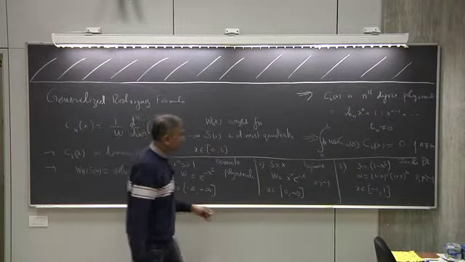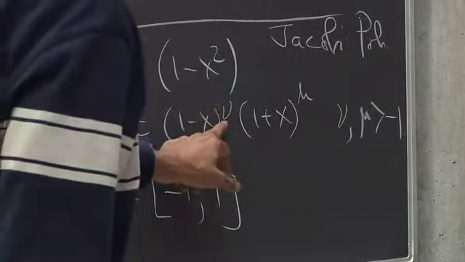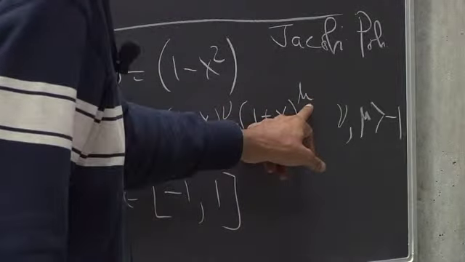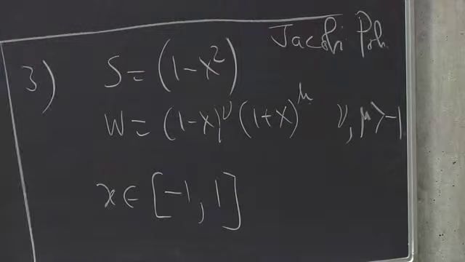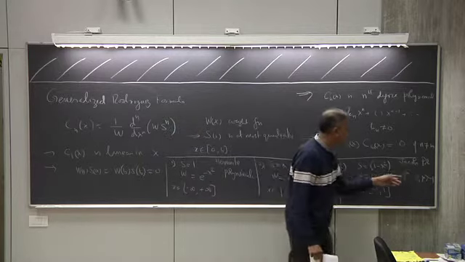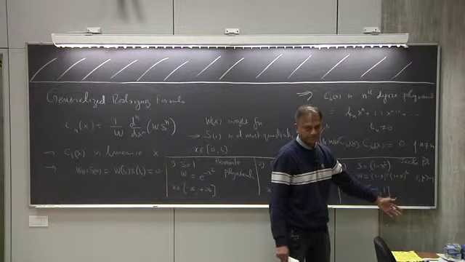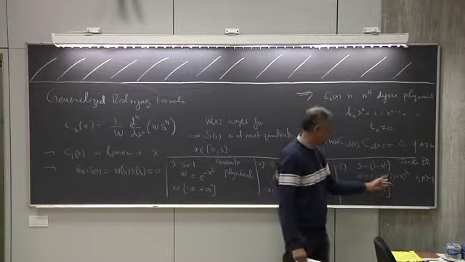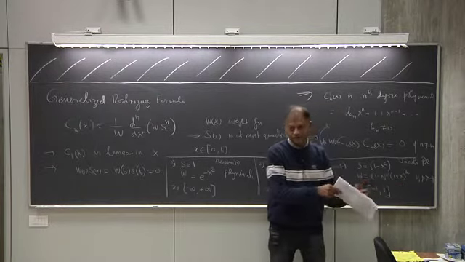This is of course very general because there are two parameters, nu and mu, here, right? Here there is only one parameter nu, and here in fact there is no parameter. So there is actually a two parameter family of Jacobi polynomials, and for different choices of these parameters, you have different weight functions.